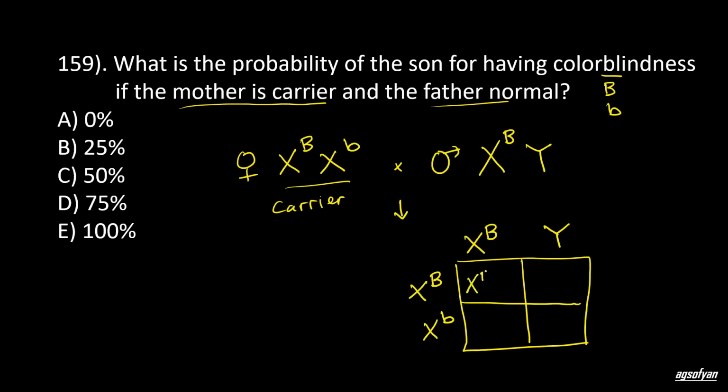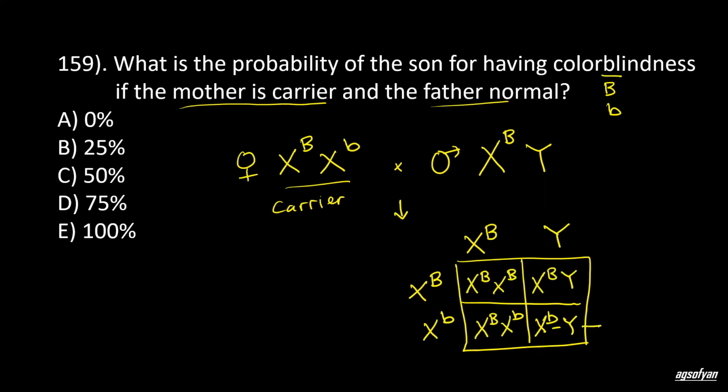This one will be girls. So daughter, the daughter will be normal on the top. This one, daughter, which is a carrier. And this is going to be son, which is normal. And this one will be a son that has color blindness, because he carries the lowercase b.